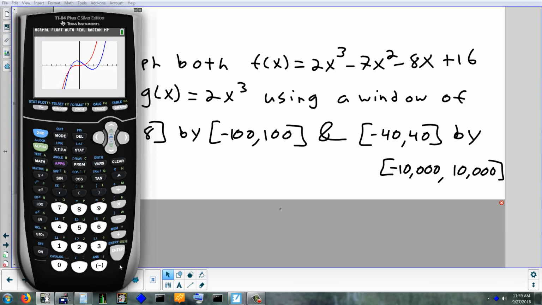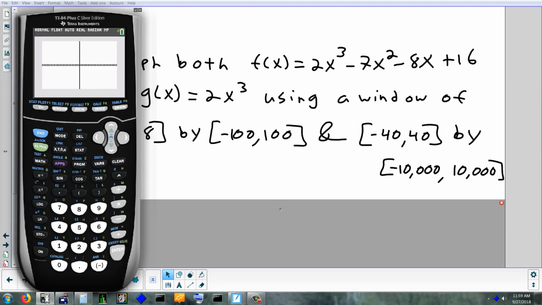Do they look exactly the same? No. But that's because we're zoomed in and we're looking at the detail. Let's zoom out even further. So let's go negative 40 to 40 and negative 10,000 to 10,000. Now let's look at it.